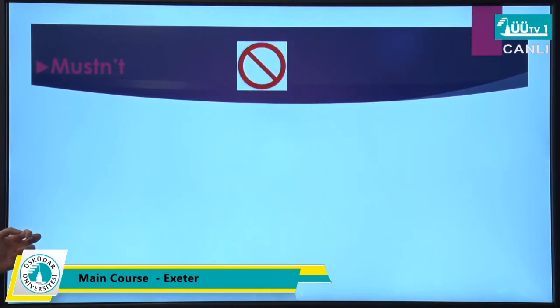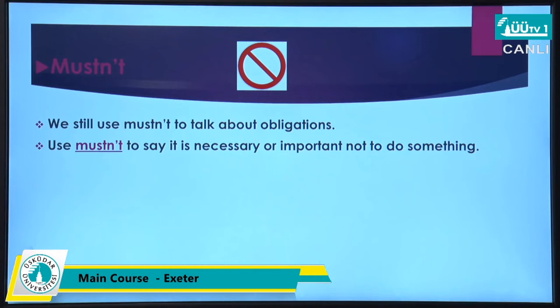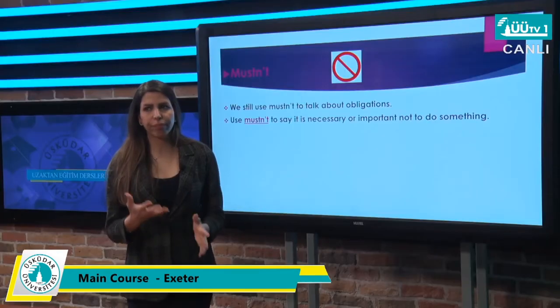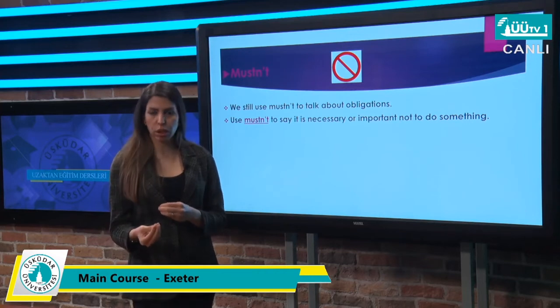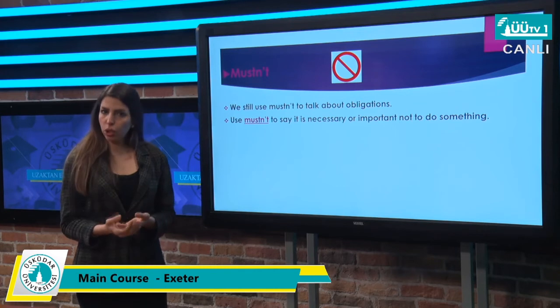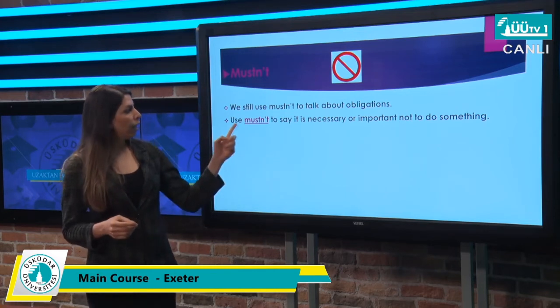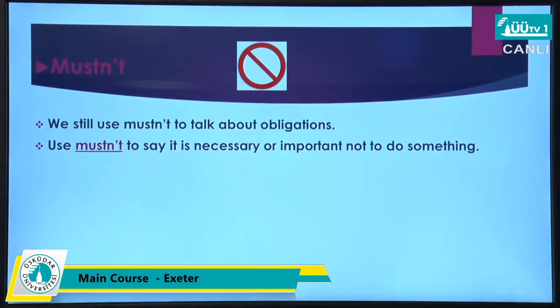Mustn't. We still use mustn't to talk about obligations. Like the positive cases, it still talks about obligations. You mustn't do that. It's a kind of rule. You use mustn't to say it is necessary or important not to do something.